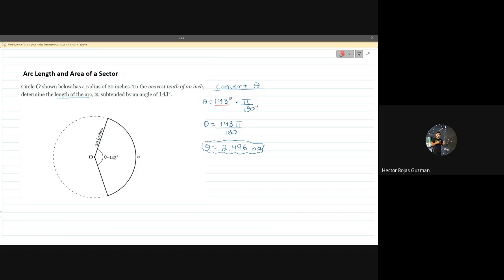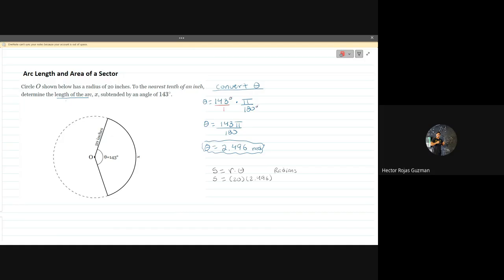Now, the actual question. Determine the length of the arc. Hopefully, you're automatically saying, oh, I'm supposed to use the arc length formula because S equals R times theta. And remember, theta must be in radians. So the arc length S equals the radius, 20, times theta, 2.496.